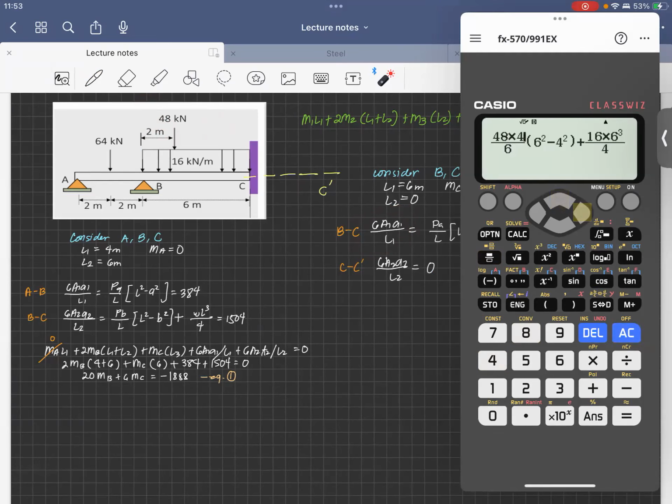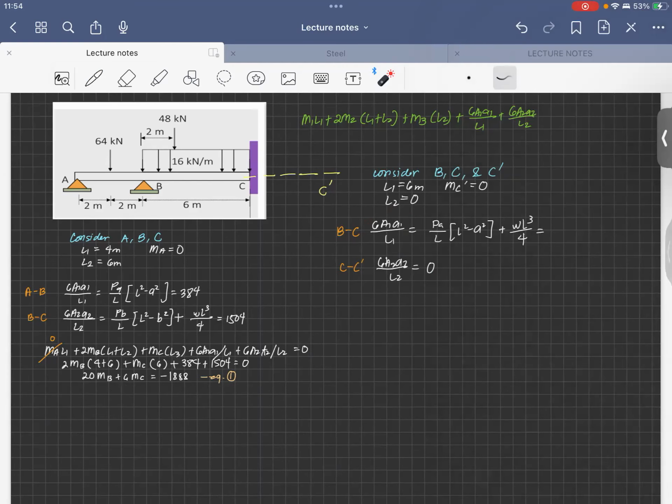PA, so palitan ko to ng 2 over L, 6 squared, L squared minus A squared, 2. And then WL cubed over 4. So, yun lang naman po yung change. So, we'll have 1376.